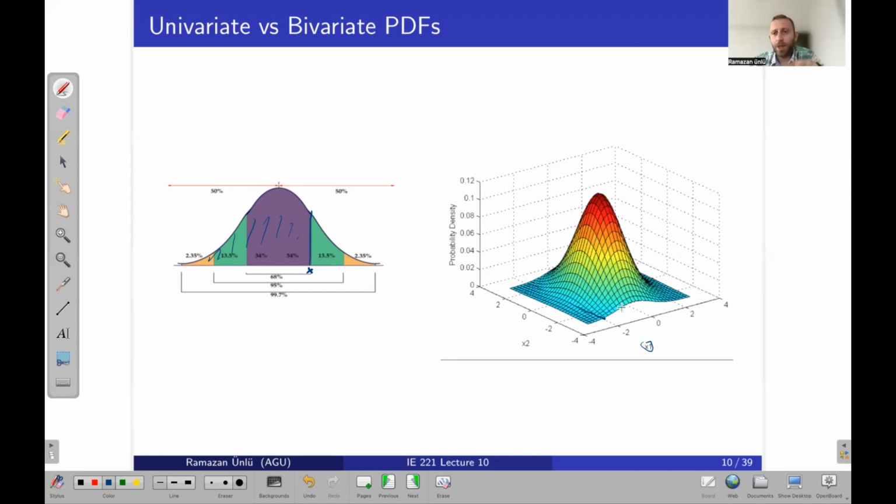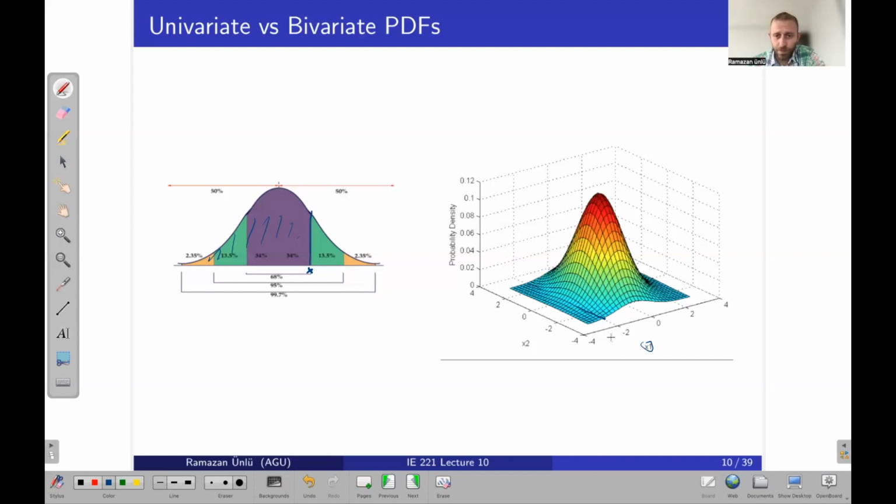So the idea is actually similar. Now I will just apply that strategy for 2 random variables, and those 2 random variables will create a shape something like that. Okay, that can be any shape, but this is just an example. So I have to calculate the volume under some specific values if I want to calculate specific probabilities.